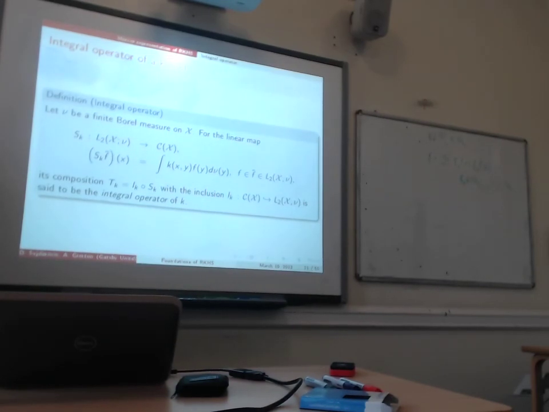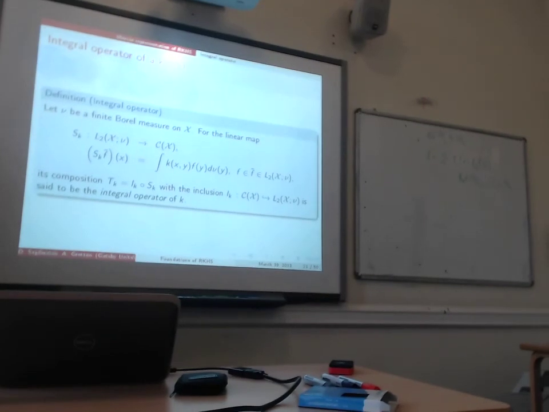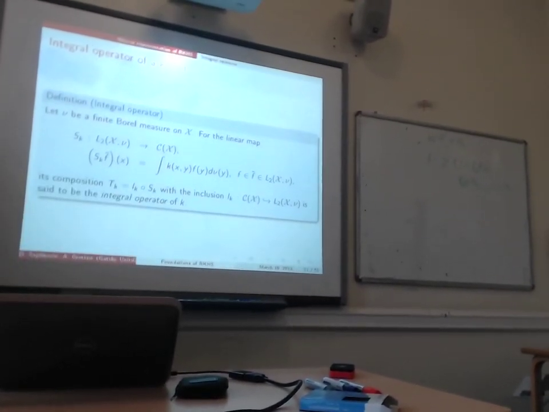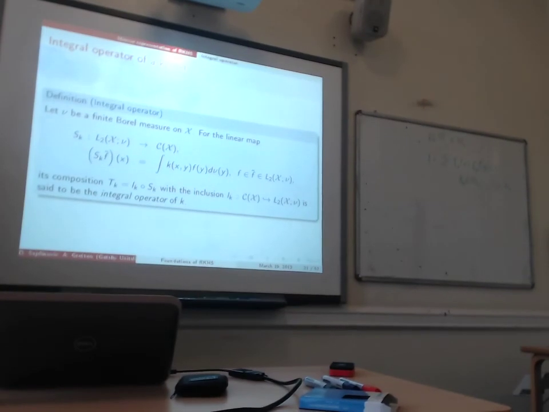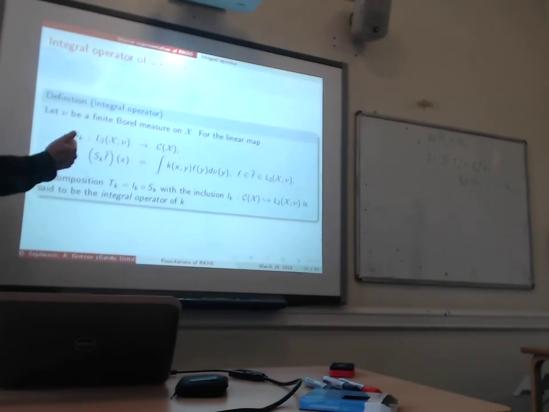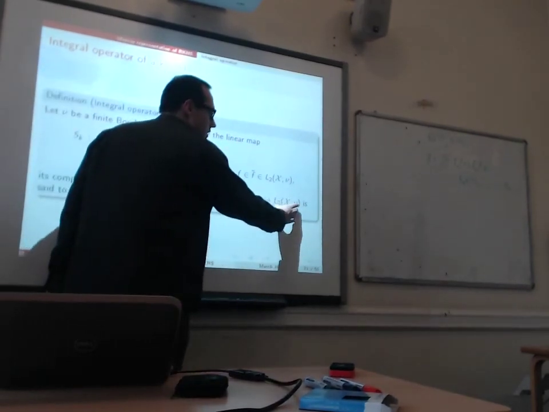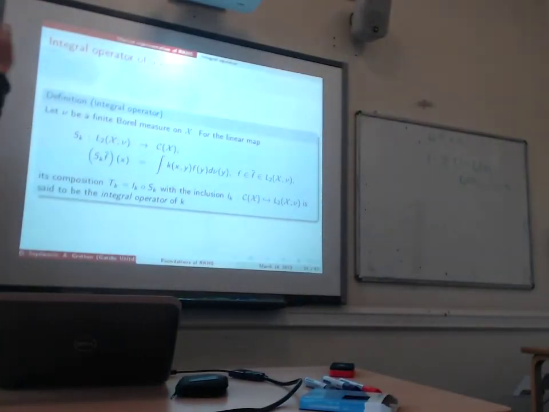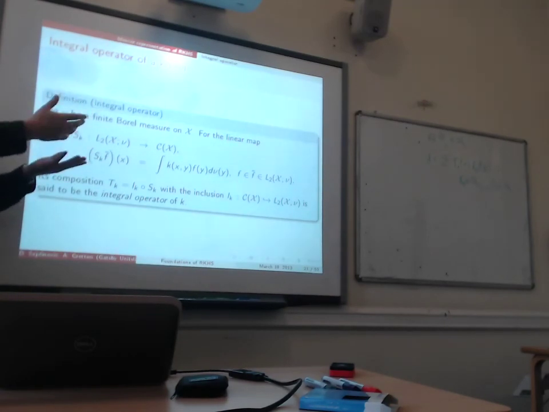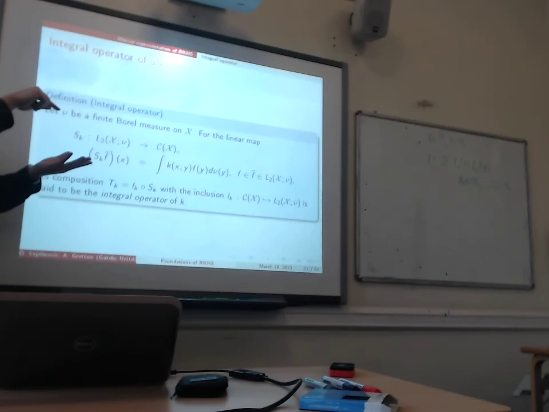Having said that, there is another interesting interpretation of inclusion in this context, that it will be somehow an adjoint of SK. But maybe that's a bit too technical. So it's just like if you thought of this as a space of functions with some representatives. It's a space of equivalence classes of functions, but within that equivalence class you have functions.